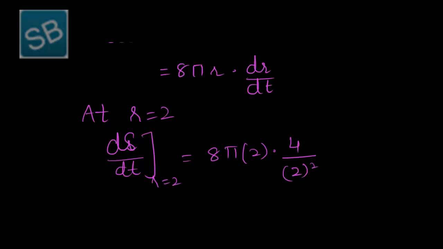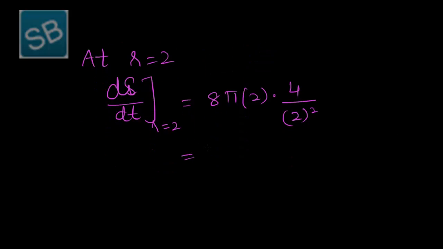It gives 32 pi centimeter square per second. 8 twos are 16, that is 4 over 4, 64 over 4.